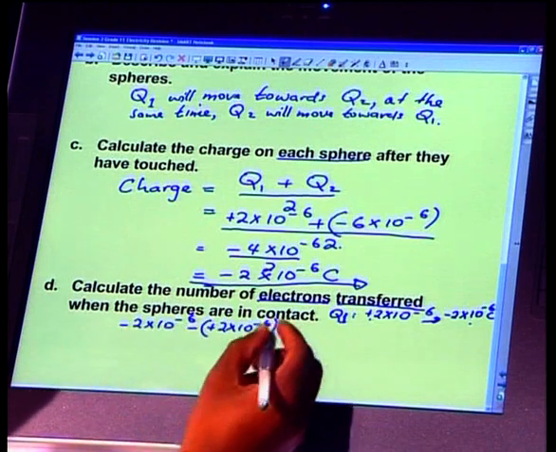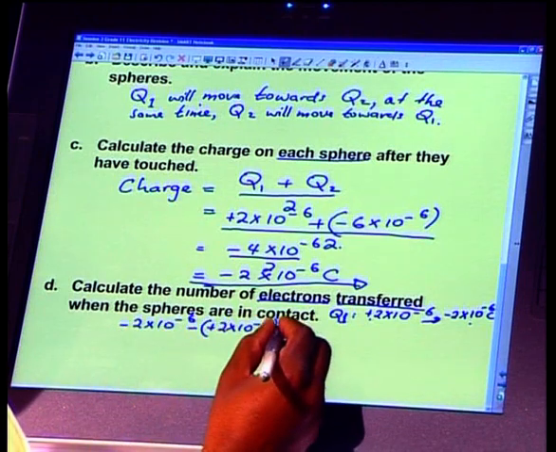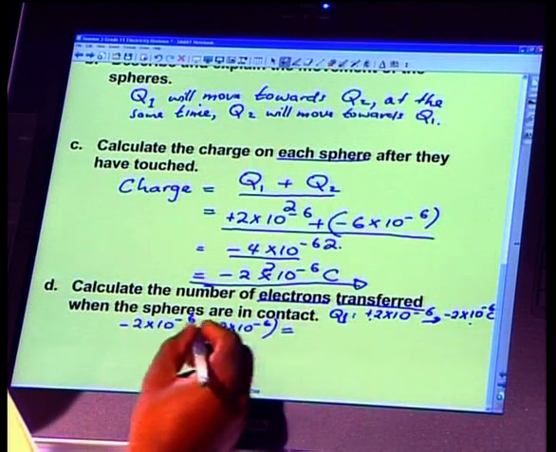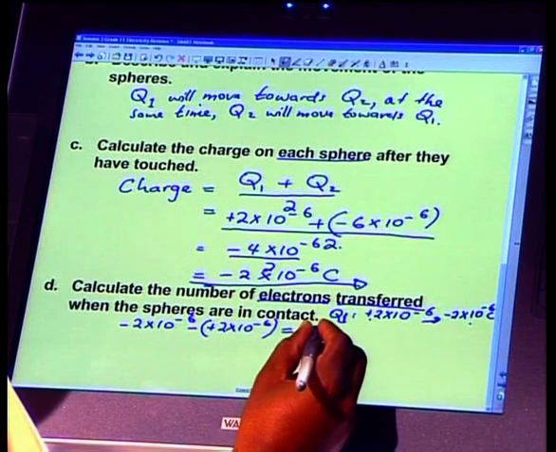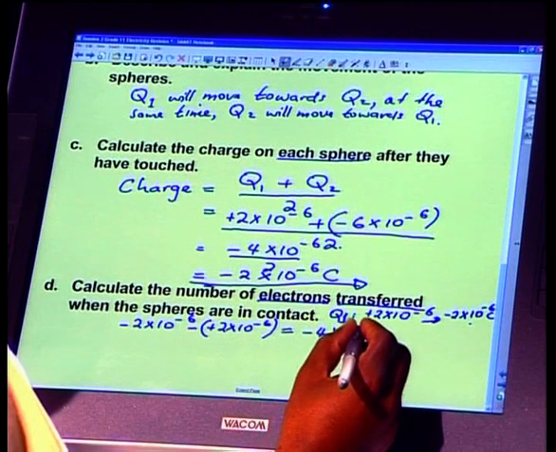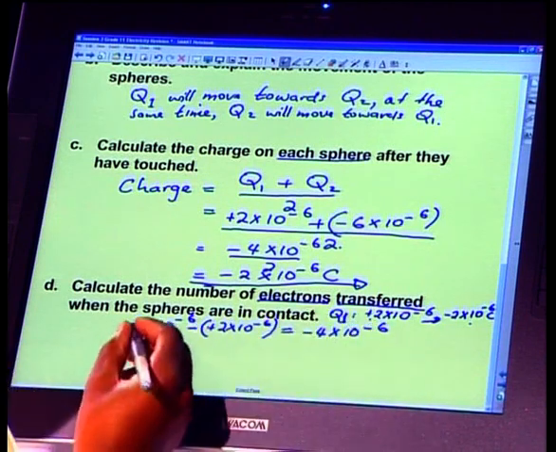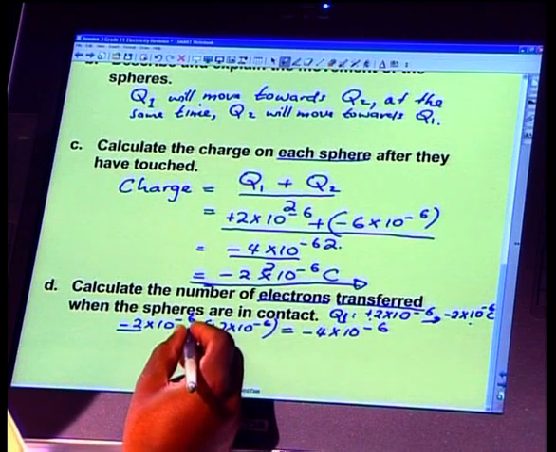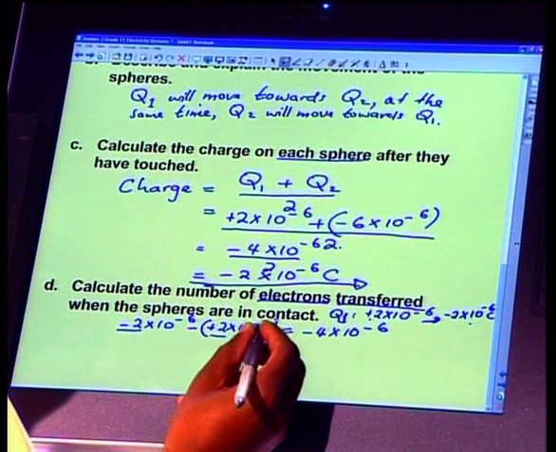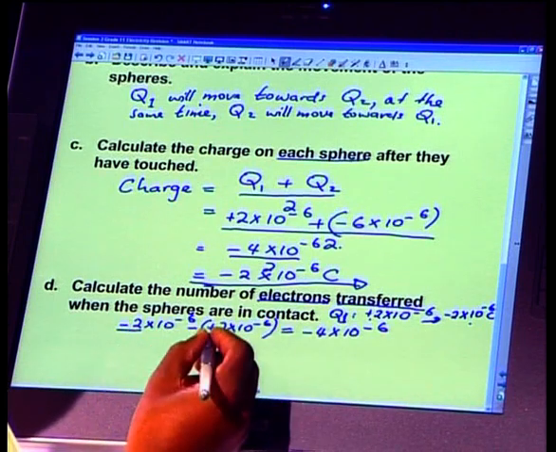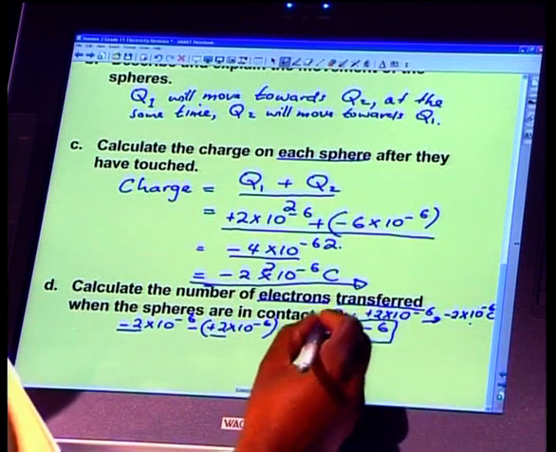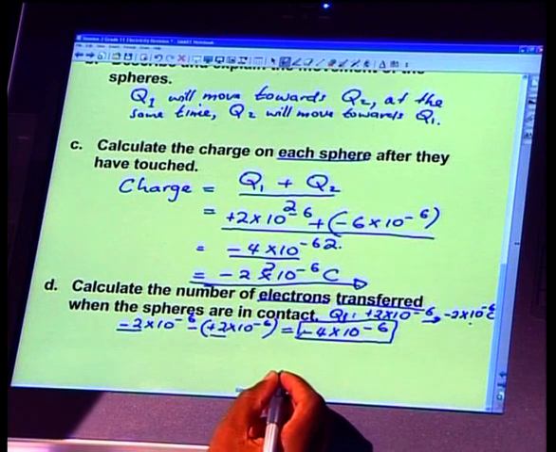So this gives us minus 2 minus 2, which is now minus 4 by 10 to the power minus 6. Now the minus 2 is this one. When we open the brackets here, this will become minus 2 by 10 to the power minus 6. Then you add the 2 together, it's minus 4 by 10 to the power minus 6. So that is what brought the difference in the charge of Q1.